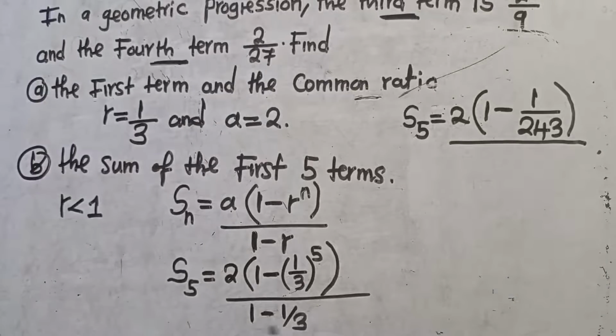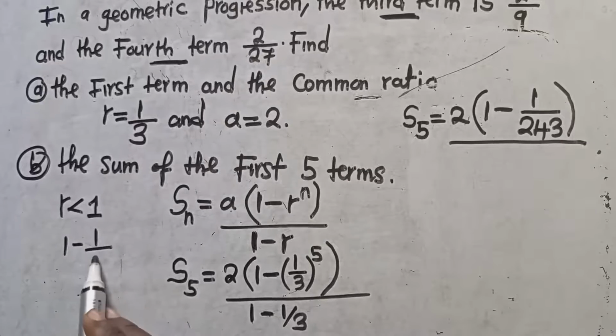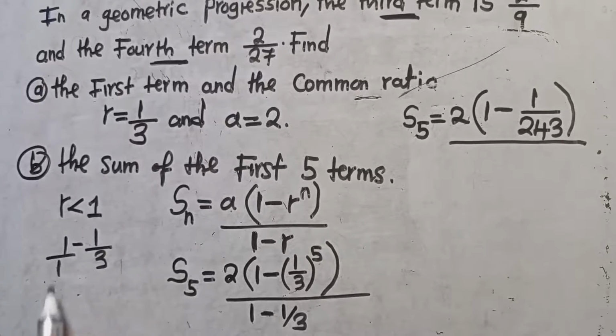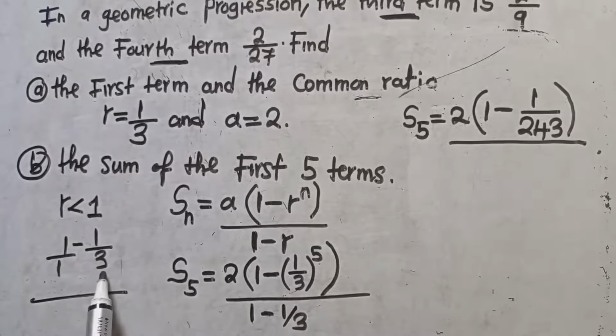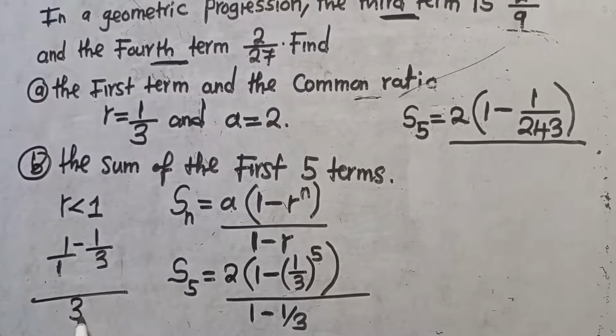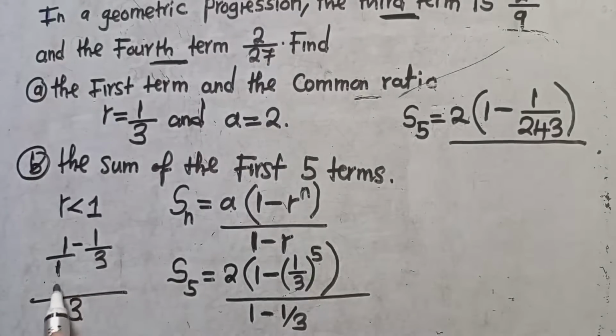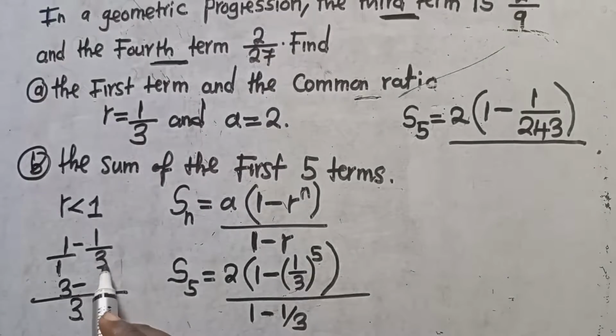If you evaluate what is down here, maybe there is someone who doesn't know what to do when I say evaluate. You write it over 1. What you are going to do is find the lowest common denominator. It is 3. 1 times 3 is 3, minus 3 times 1 over 3, which is 1.